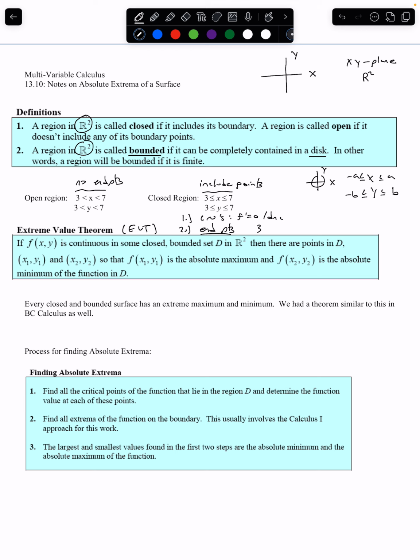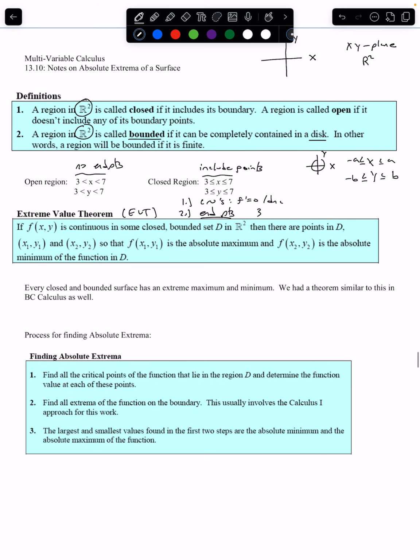So here's the extreme value theorem for multivariable. Same thing. If a function is continuous on some closed interval in our xy plane, in our domain, then there are points that will give us an absolute maximum and an absolute minimum value. In other words, as long as we have a continuous function, with no holes, no gaps, no jumps, we're guaranteed to have an absolute maximum and minimum value.